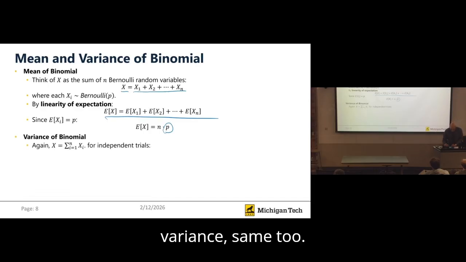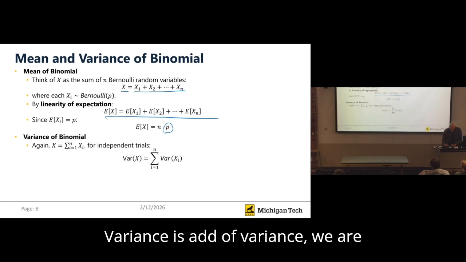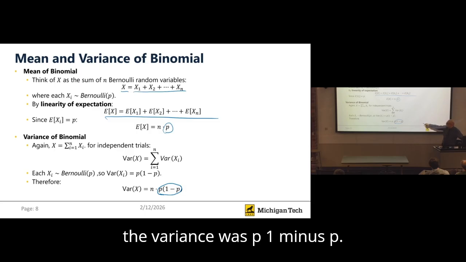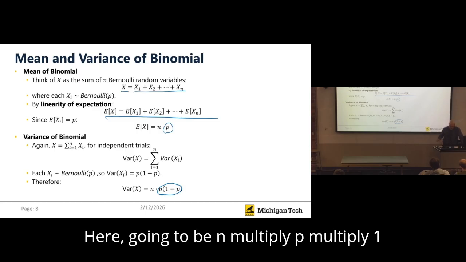And variance, the same too. Variance is the sum of variances, since we are repeating independent Bernoulli trials n times. For Bernoulli, the variance was p times 1 minus p. Here it is going to be n multiplied by p multiplied by 1 minus p.